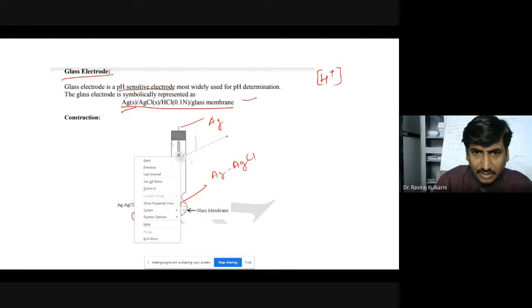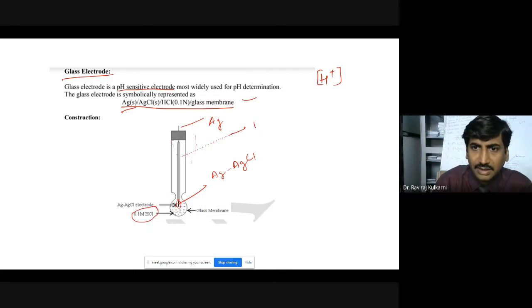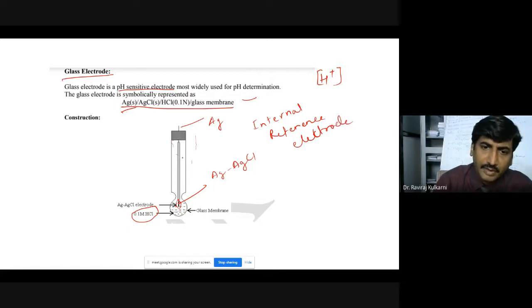So it contains what? AgCl electrode as internal reference electrode. So it contains AgCl electrode as internal reference electrode.